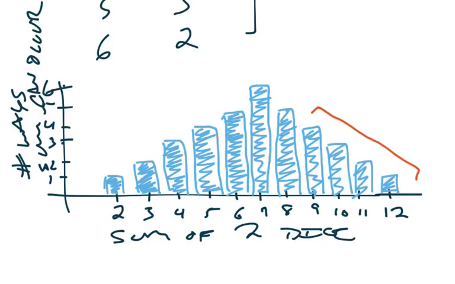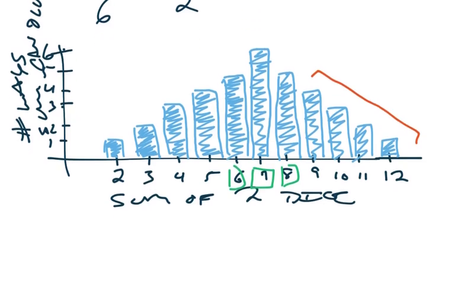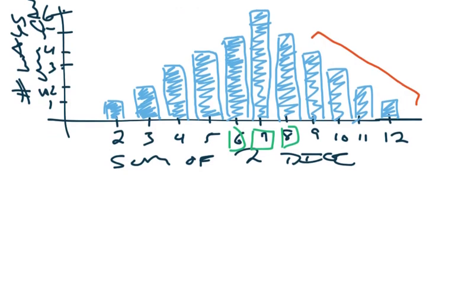Right, looking at this little graphical visualization of the data, 7 is the most likely thing to occur, followed by 6 and 8 would be the next most likely, followed by 5 and 9, then 4 and 10, then 11 and 3, and then 12 and 2. All right, so let's use this funny little bar graph to start quantifying these probabilities.